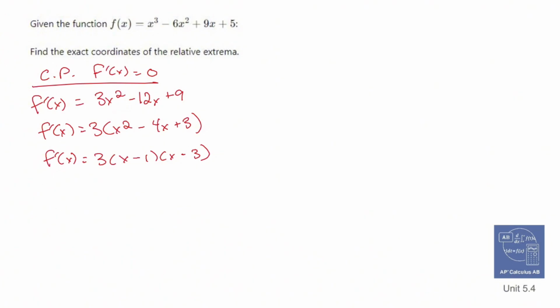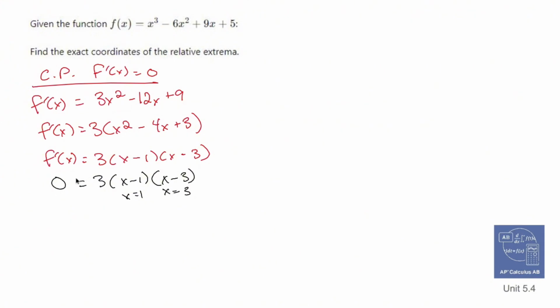Okay, set that equal to 0. X minus 1 gives us a 0 at positive 1, and at positive 3.